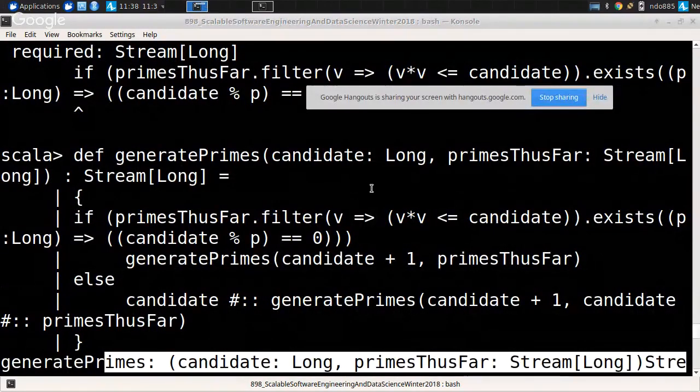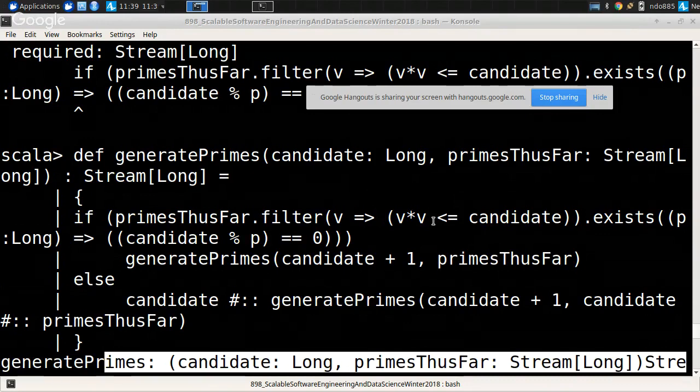So in short, we take a candidate that could be prime. We're trying to investigate if it's prime. We consider the primes thus far. For the primes thus far, we filter them so that those that are bigger than the square root of the candidate get filtered out, so we don't do double work. Right? Like for 10, we only consider 2 and 3.